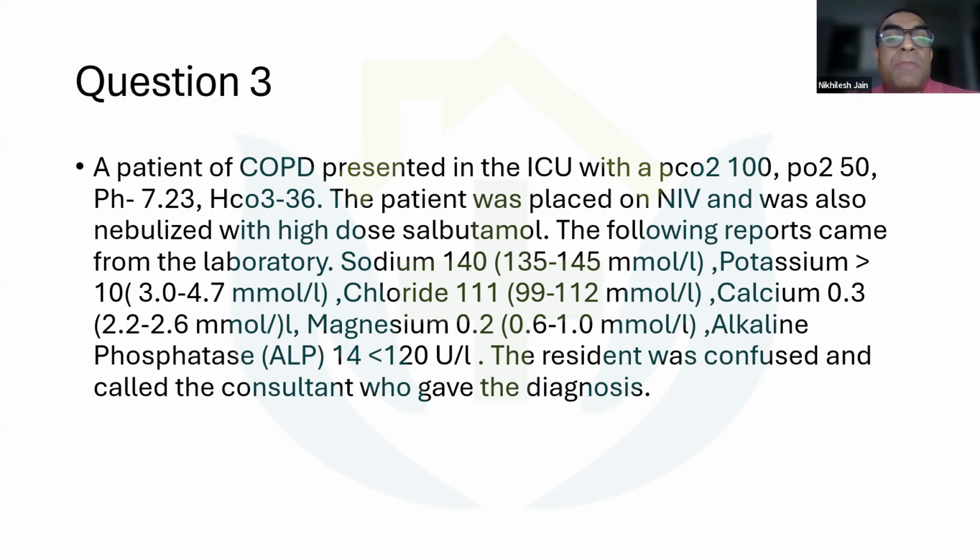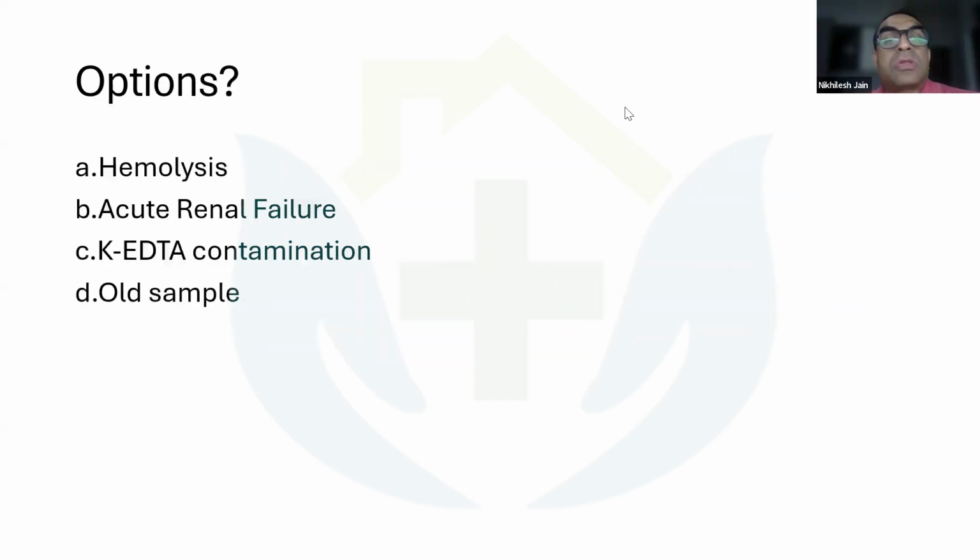So the following reports came from the lab. Sodium of 140, potassium of more than 10, chloride of 111, calcium of 0.3, magnesium of 0.2, alkaline phosphatase 14, and the resident was confused. He called up the consultant and the consultant gave him the diagnosis. So what do you think has happened here?